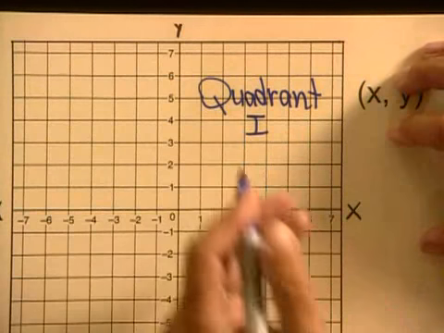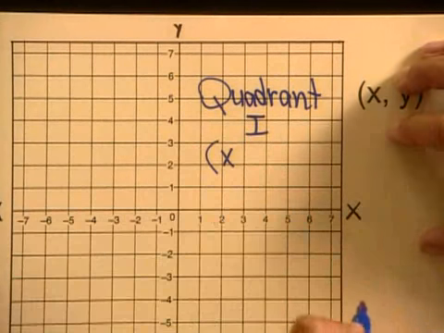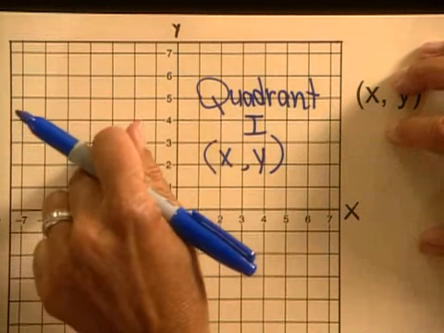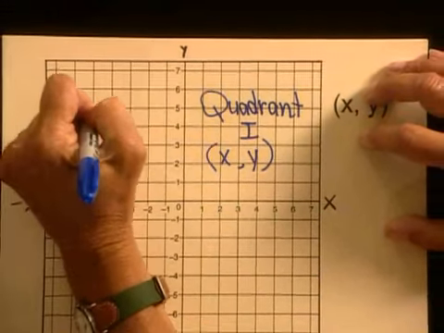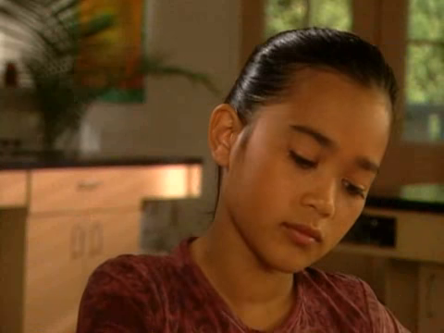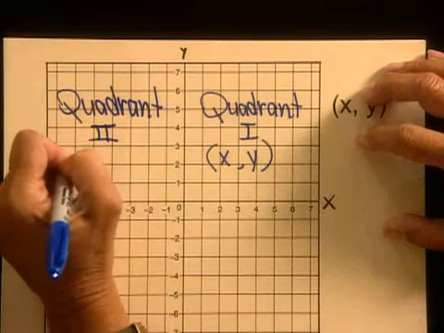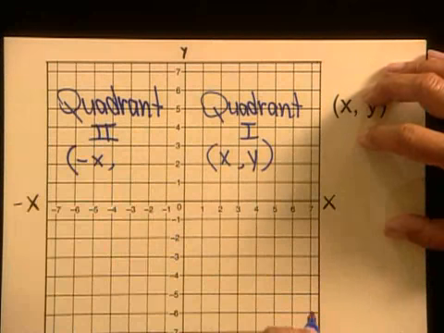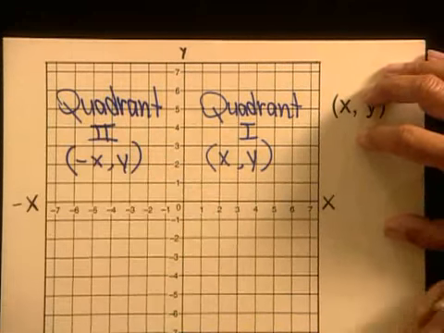And in quadrant 1, we have a positive x and a positive y, always. This section here is our next section, and it's called quadrant 2. And in quadrant 2, we will always have a negative x and a positive y.